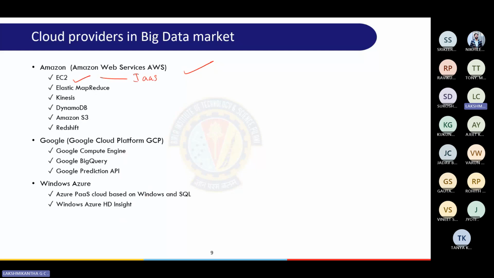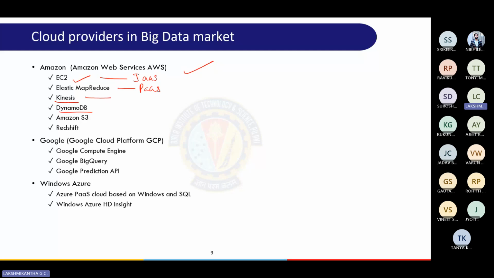And what is the second one? The second one is EMR, Elastic MapReduce. Their flagship, which comes under PaaS. The flagship platform as a service for running managed Hadoop and also Spark clusters. And we have Kinesis also, a real-time data streaming and processing service. And we have DynamoDB, also provided by AWS.